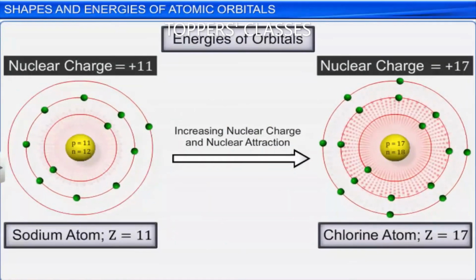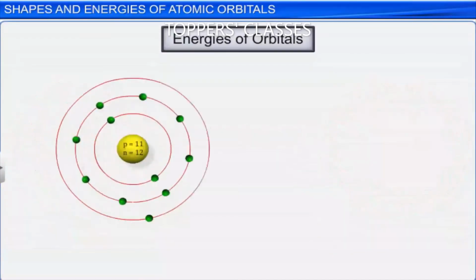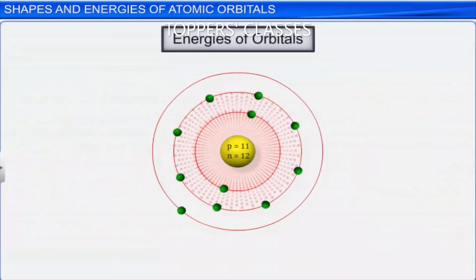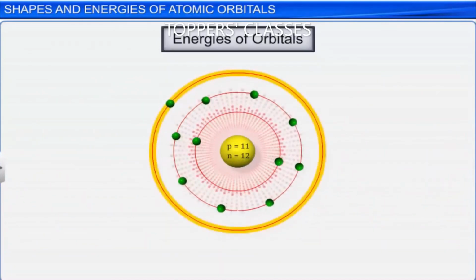The complete attractive interactions of the positive charge are not experienced by the outermost electrons, as the electrons in the inner shells tend to shield the electrons in the outer shells from positive attraction of the nucleus.